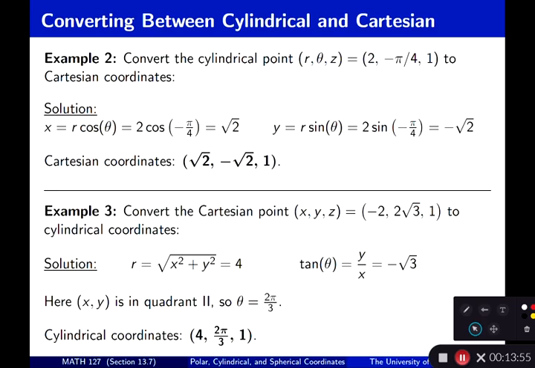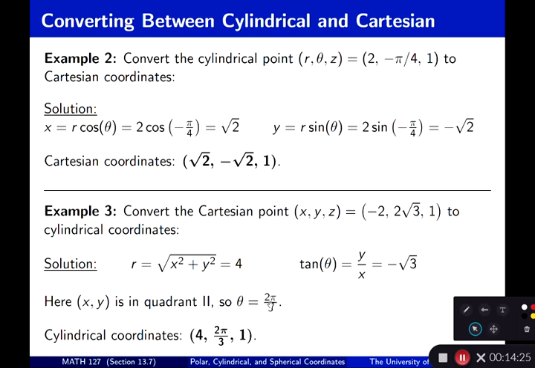To find theta itself, you have to know a little bit more. From here, I know that x is a negative value. So by using arctan, I find negative pi third.